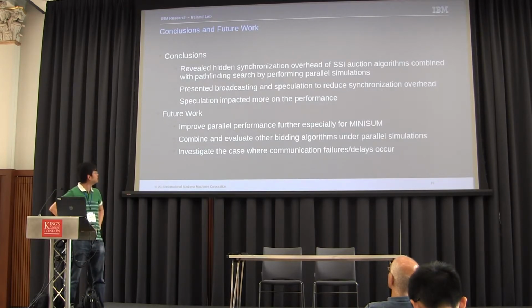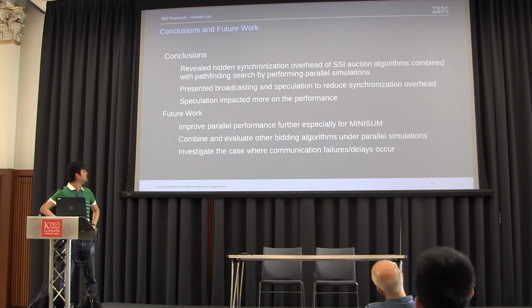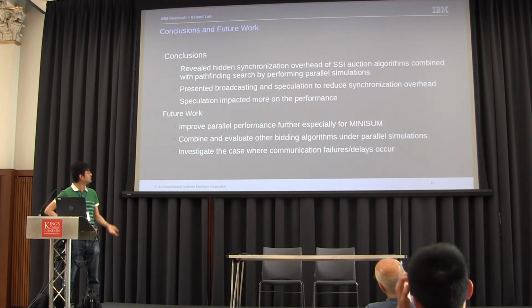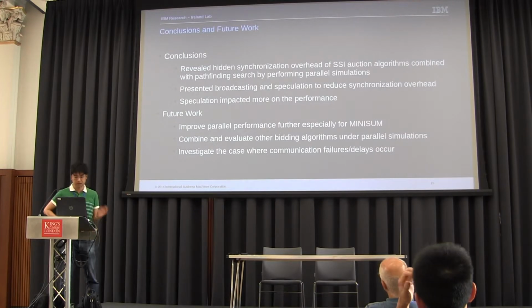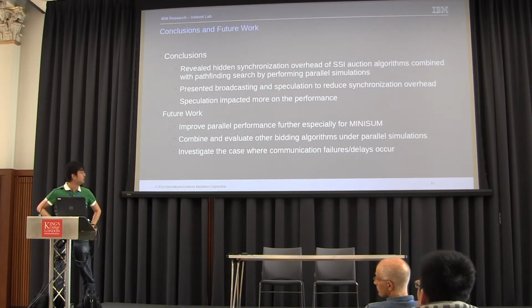In order to bypass this problem, I presented two approaches, broadcasting and speculation. We found that combining both approaches improves the performance, but speculation seems to have more impact on the performance.